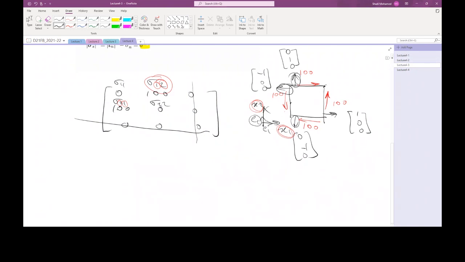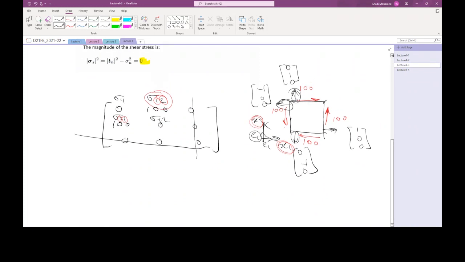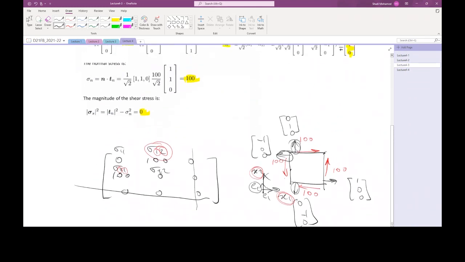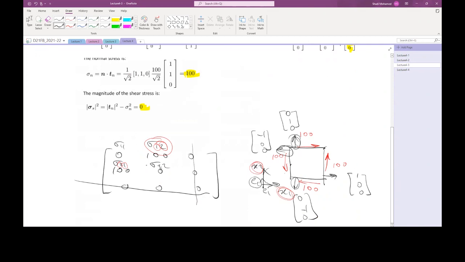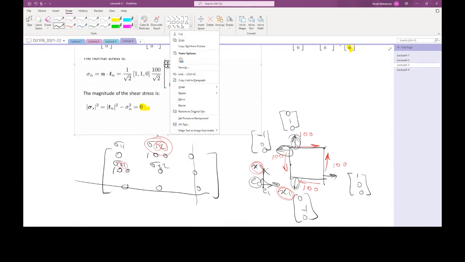Now, if you look into the direction we have been able to identify for the shear, you see that this is ±1 and ±1. This is basically the original stress tensor. This one here, and delete all these details and leave the 100.